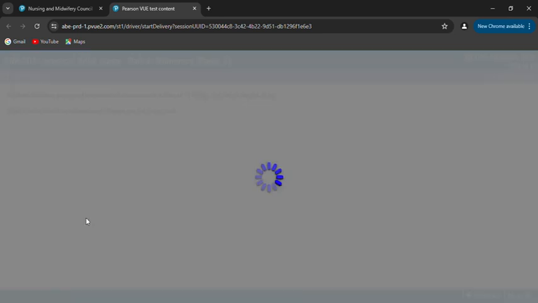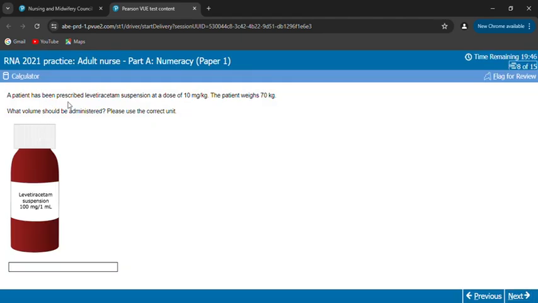The next question is, a patient has been prescribed levetiracetam suspension at a dose of 10 mg per kg. The patient weight is 70 kg. Here I want to explain one more thing. In UK hospitals, some medications are given by weight.